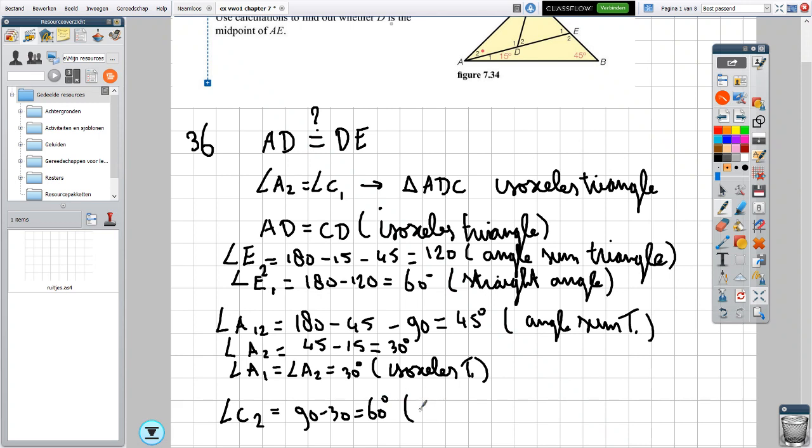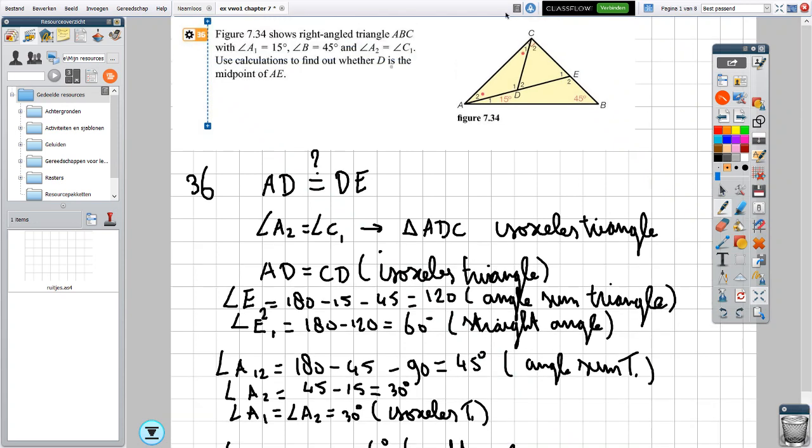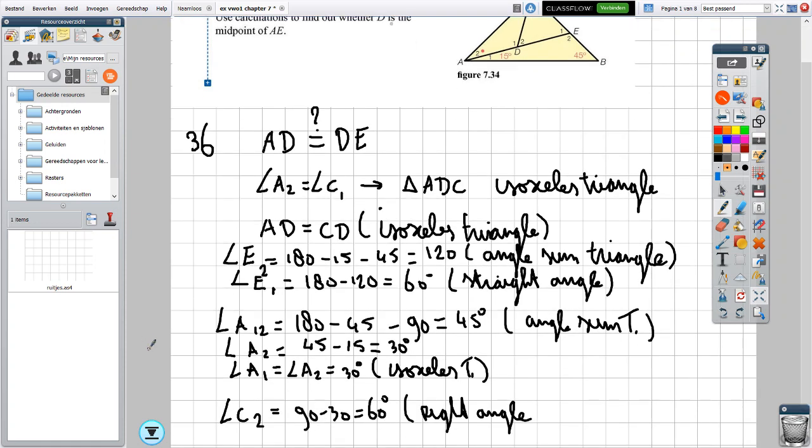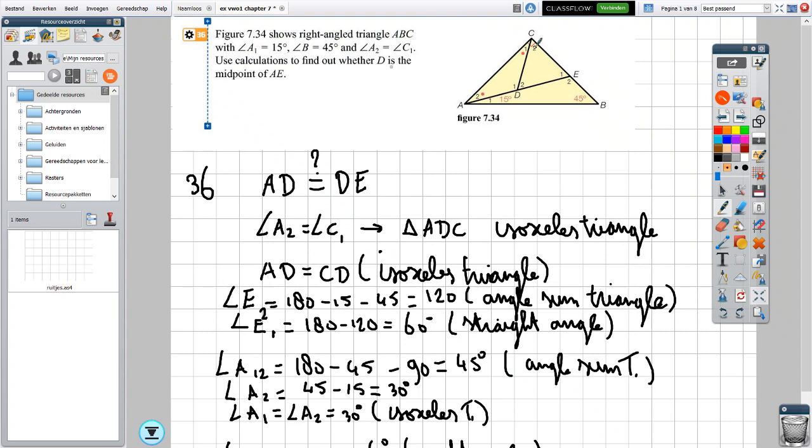And that has to do with a right angle. Because if I show you right now, this is 90 degrees. A1 is 30, so C2 must be 90 minus 30 is 60 degrees. So I now know C2 is 60, E1 is 60.